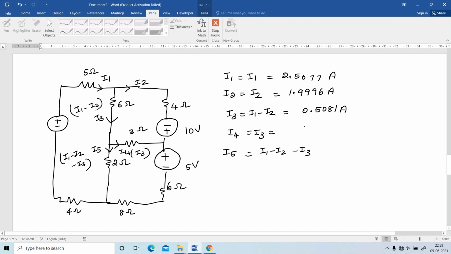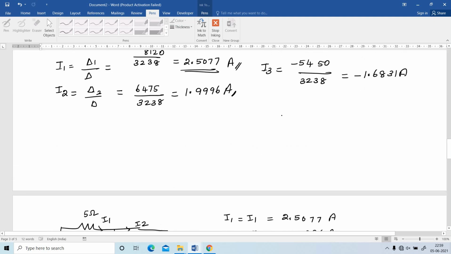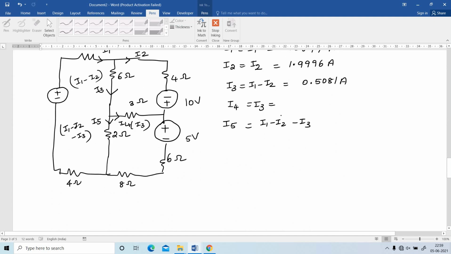I3 equal to minus 1.6831 ampere. I5 equal to I1 minus I2 minus of minus 1.6831, that is 2.1912 ampere.